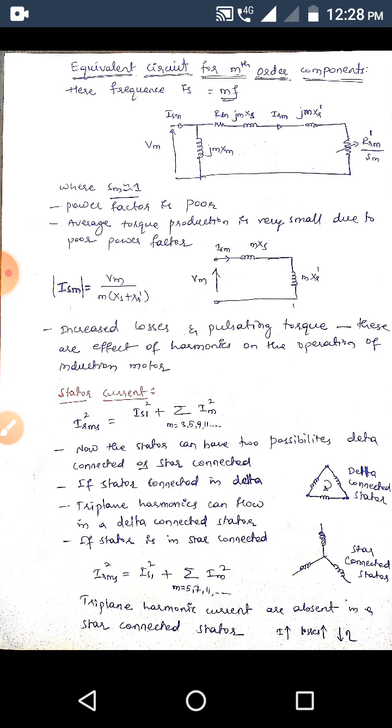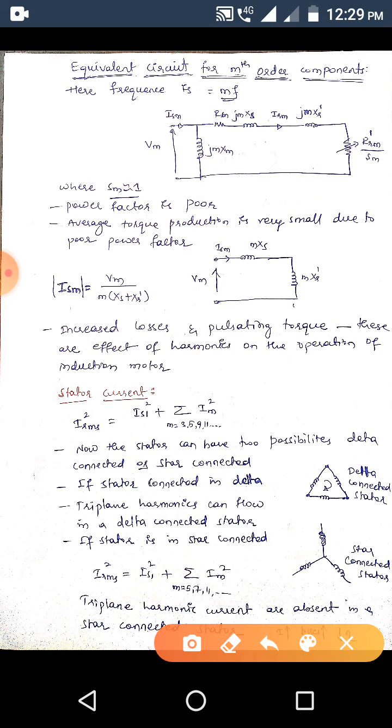Here M is nothing but the order of the harmonics. So this is the stator current equation in RMS value.